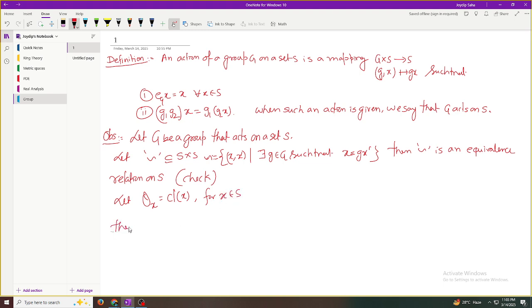Therefore Ox equals to, what is the class?